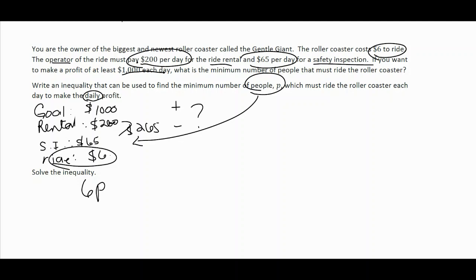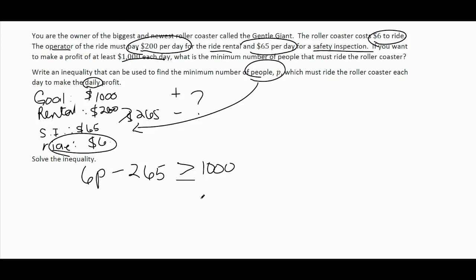He hasn't earned the money yet in the carnival, but because the carnival wants to make sure that the roller coaster is safe, and they are also earning money from this owner, they need to get it from him. So we're going to have negative 265, and then we got the goal of $1,000. Now it says at least $1,000, so that is just the minimum. It should be 1,000 or more, so we're going to write the inequality greater than or equal to.